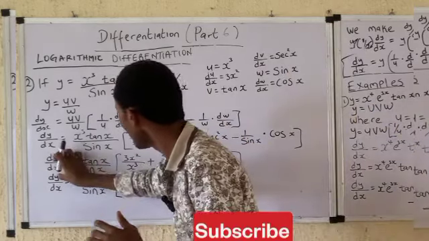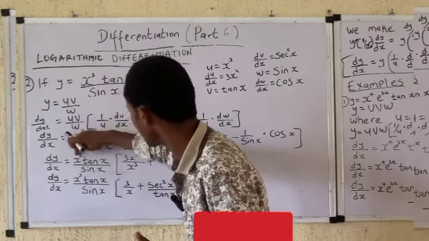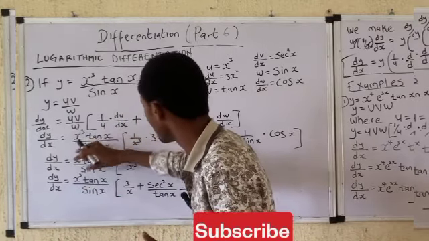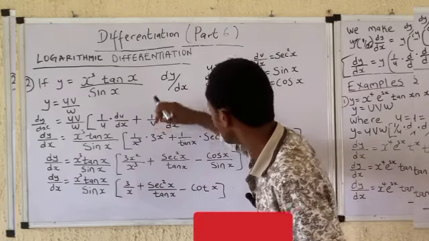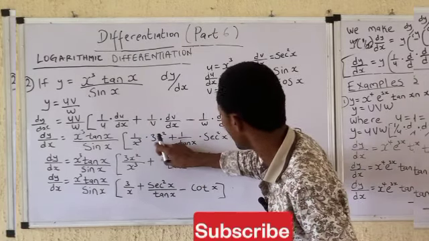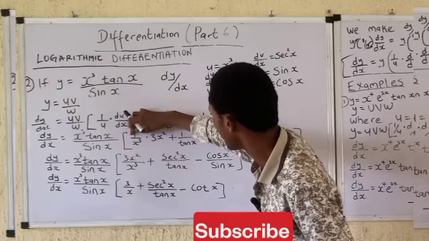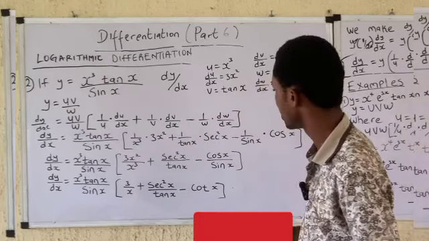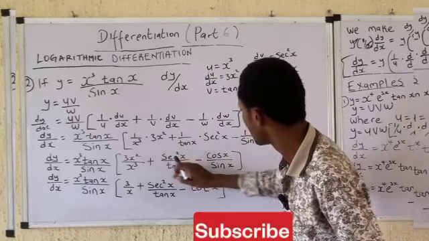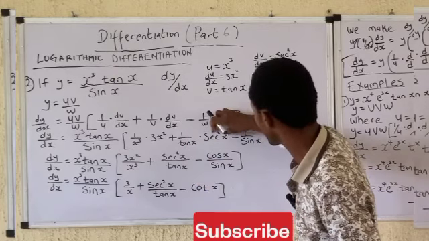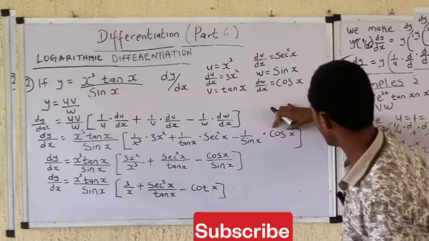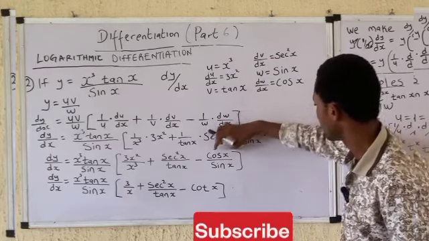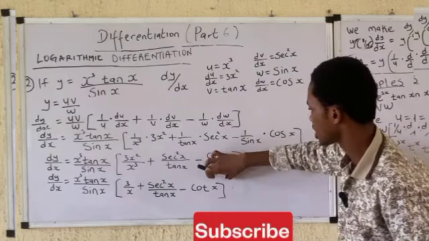Now dy dx equals x raised to the third power tan x all over sin x, bracket open. Now this 3x raised to the second power multiplied by 1 gives us 3x raised to the second power, plus sec square x times 1 gives us sec square x all over tan, minus cos x times 1 gives us cos x all over sine.